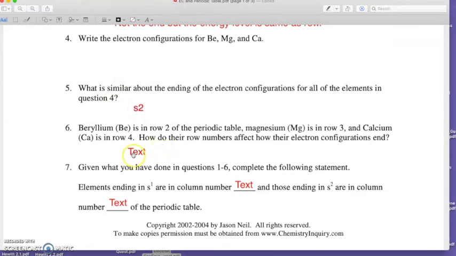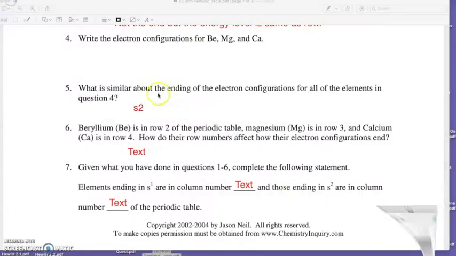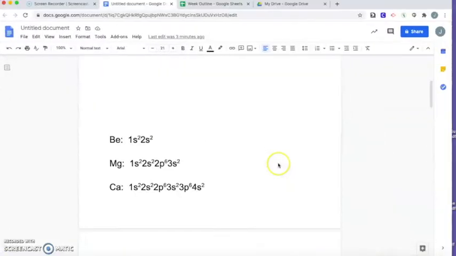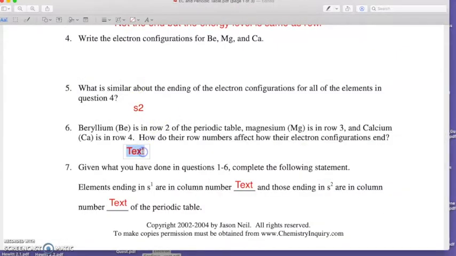Beryllium is row 2, magnesium is row 3, and calcium is row 4, right? And in the configurations, we see 2, 3, and 4. So just like the first set, the row matches the energy level.